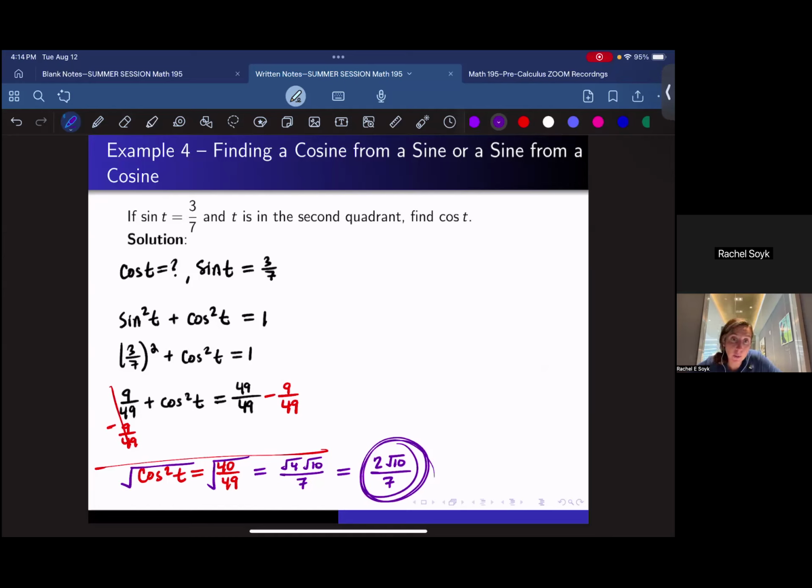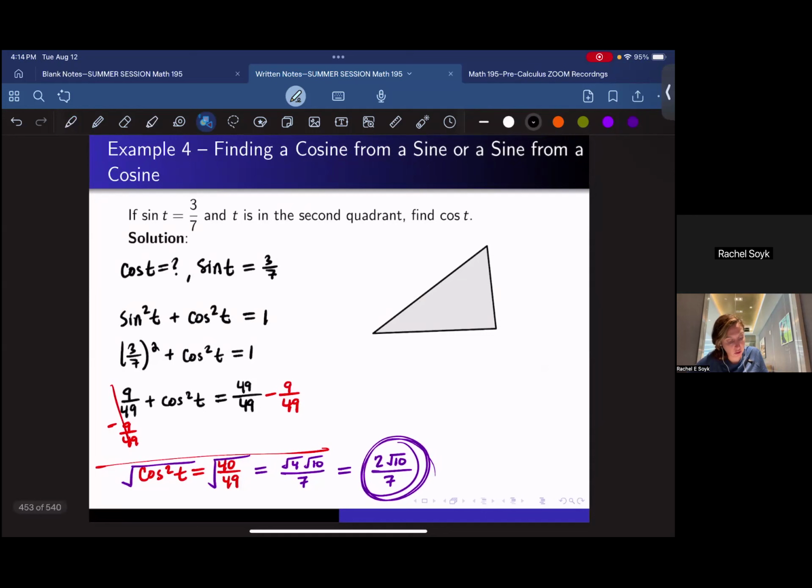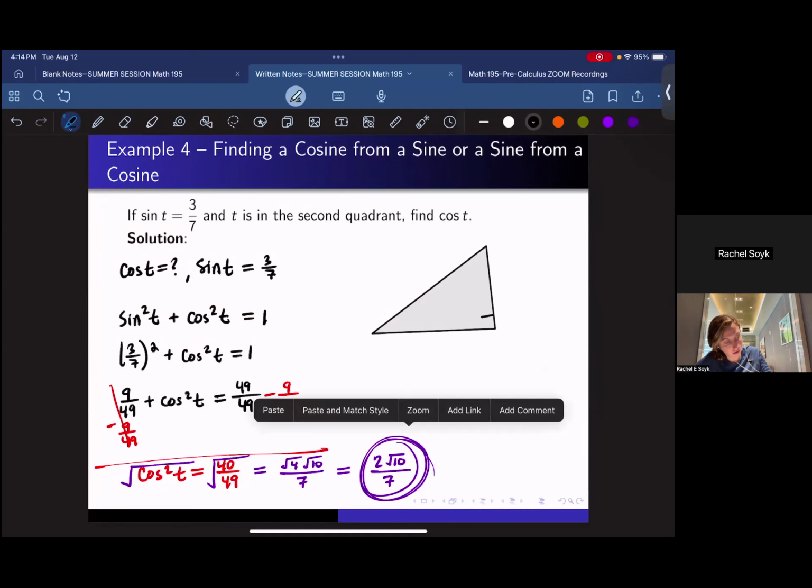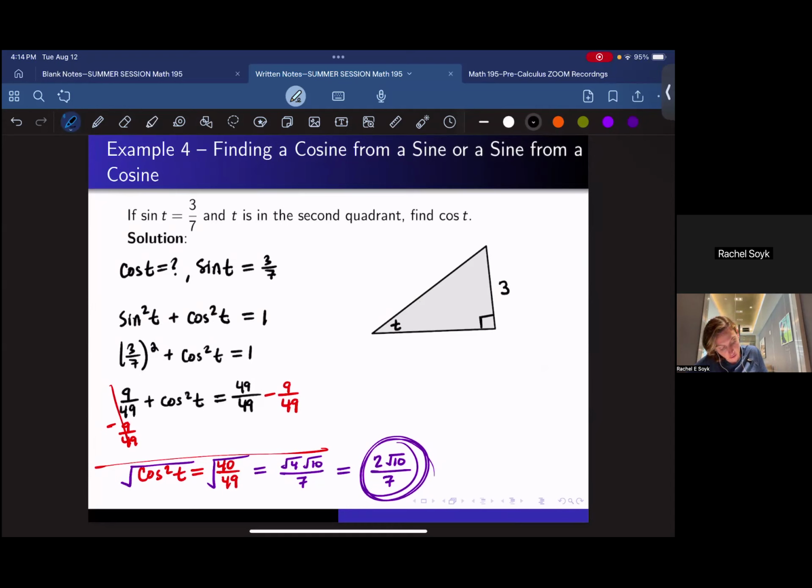Another way you can go about doing this is you can create a right triangle. You know from your acronym SOHCAHTOA, your sine is equal to your opposite over your hypotenuse, so 3 over 7.